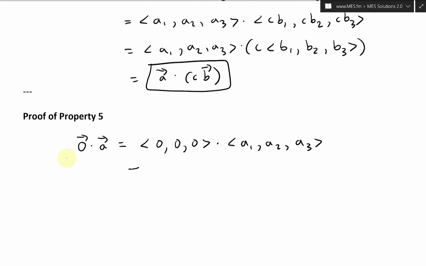In other words, just use the definition: 0 times every single one. 0 times a1 plus 0 times a2 plus 0 times a3. This just equals 0, since these are real numbers. So the 0 vector dot any vector just becomes 0.